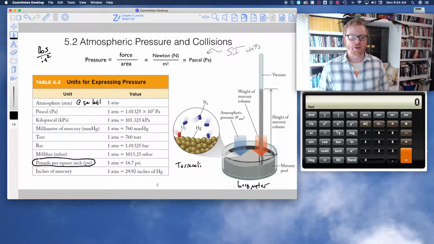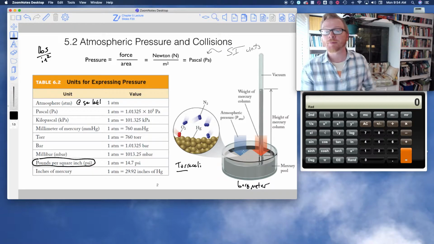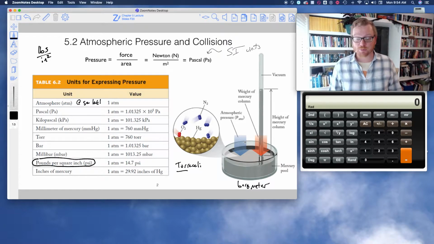Pretty cool stuff. So we have this thing called the barometer, invented by Torricelli. The idea of this device is you have this pool containing liquid mercury, and atmospheric pressure is pushing on that liquid pool just like it's always pushing on everything all the time.